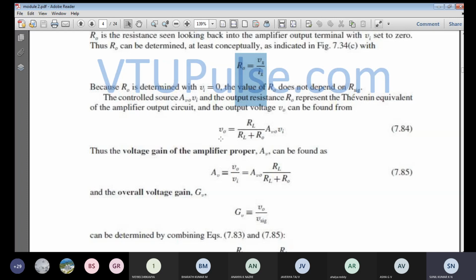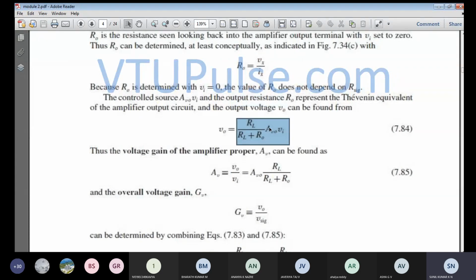If a load resistance is connected across the output, then finally the output voltage will appear across the load resistance. The open circuit voltage, whatever output voltage you get without connecting the load, that is the unloaded amplifier output, will get divided across the load resistance as well as the output resistance of the amplifier proper. So the output voltage will get divided.